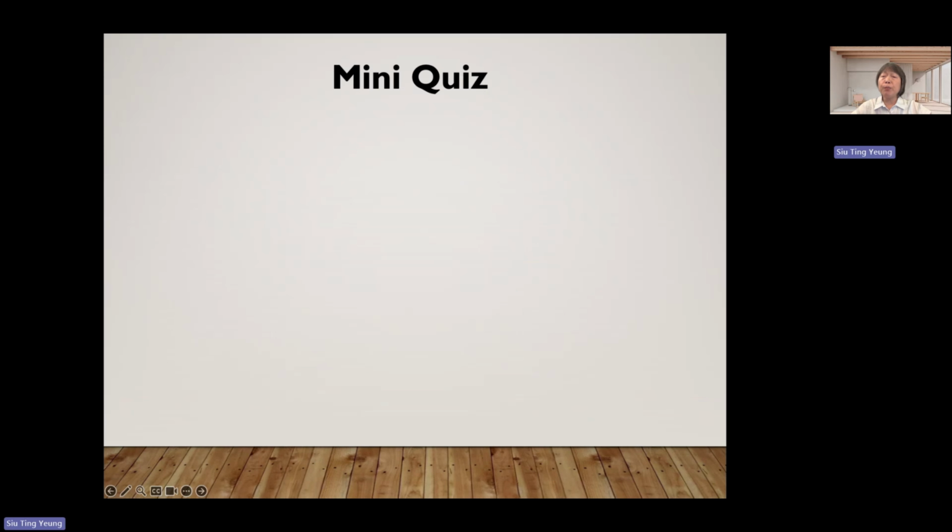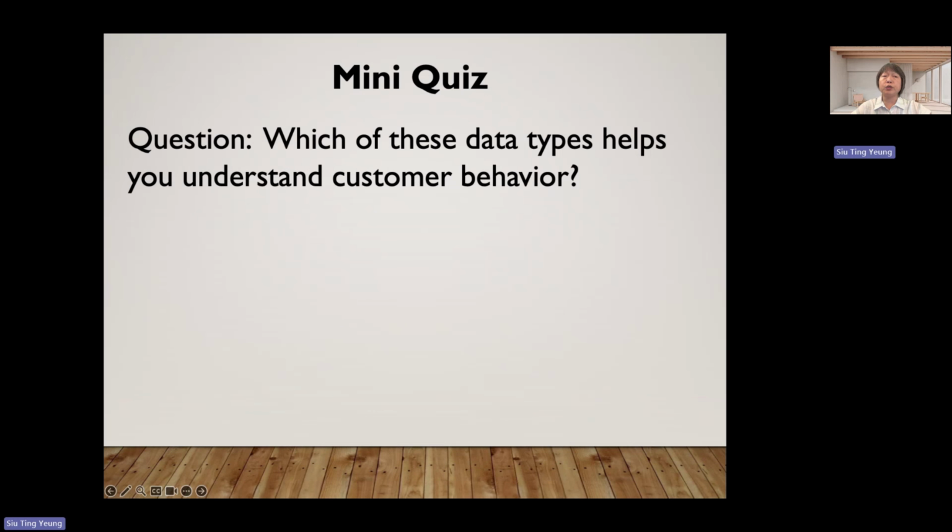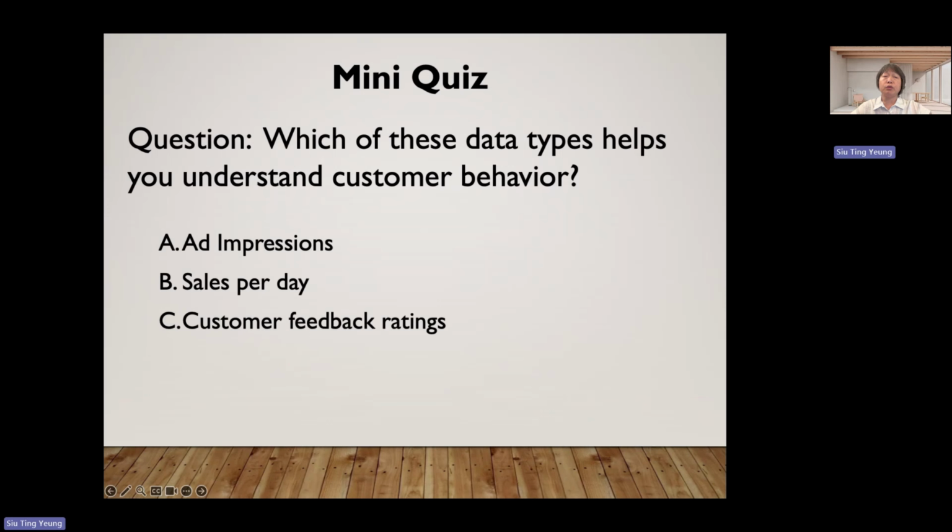It's time for our mini quiz like last week. Let's see what is the first one for you. So here's the question. Which of these data types help you understand customer behavior? Think about this. And here we come, 3 choices for you. A, advertising impressions.